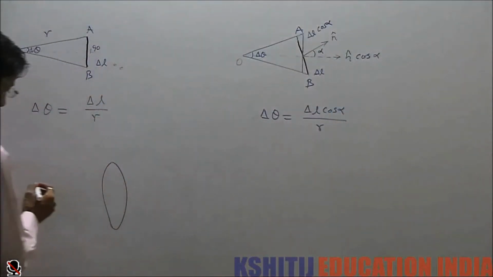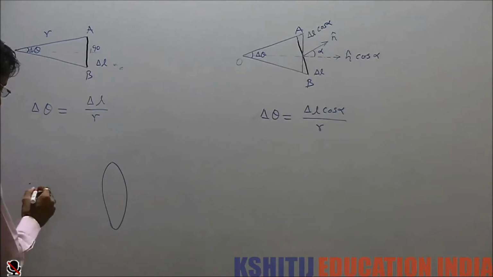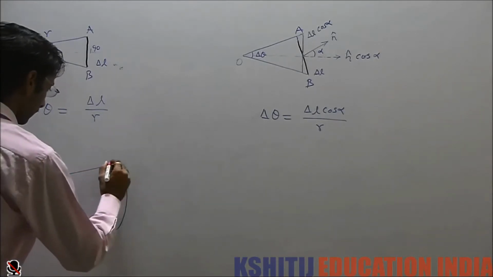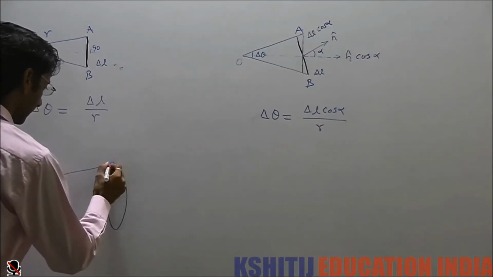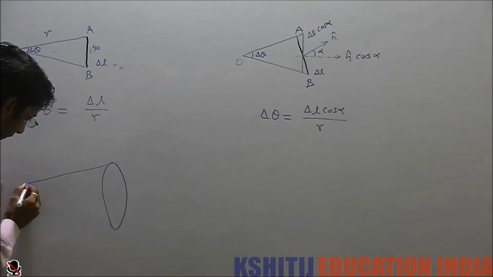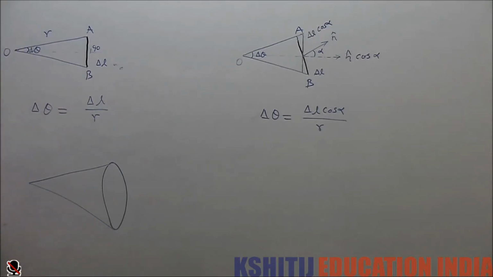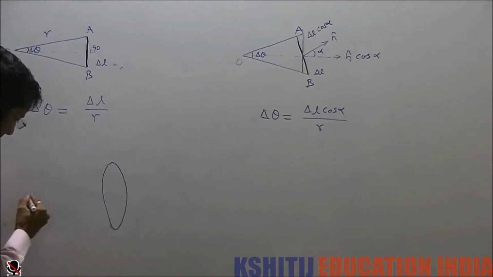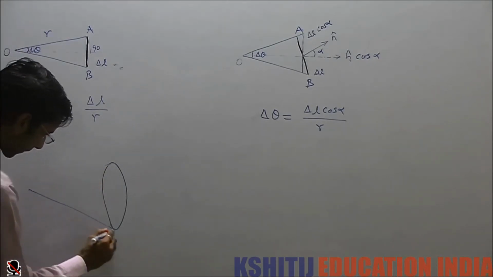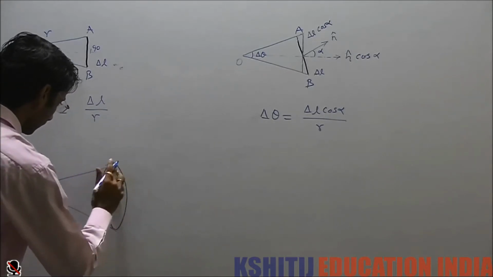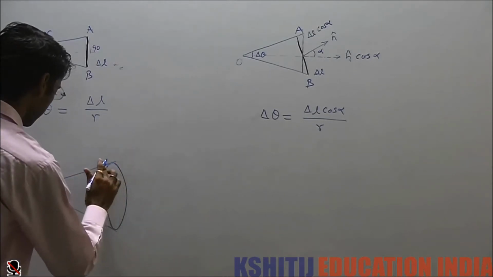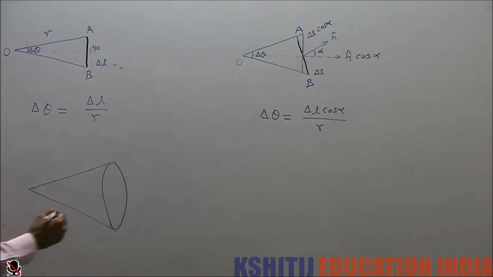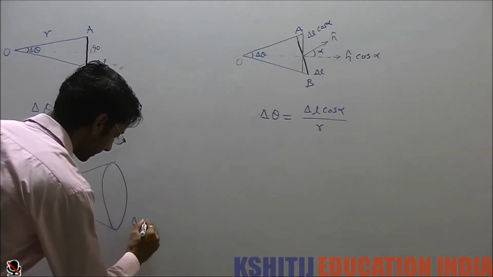Based on this, if we try to find out the solid angle at a certain point, that solid angle will be measured by all the points on this. It's not looking very right, so let me make it properly. Yes, some sort of this. So this is surface delta S.